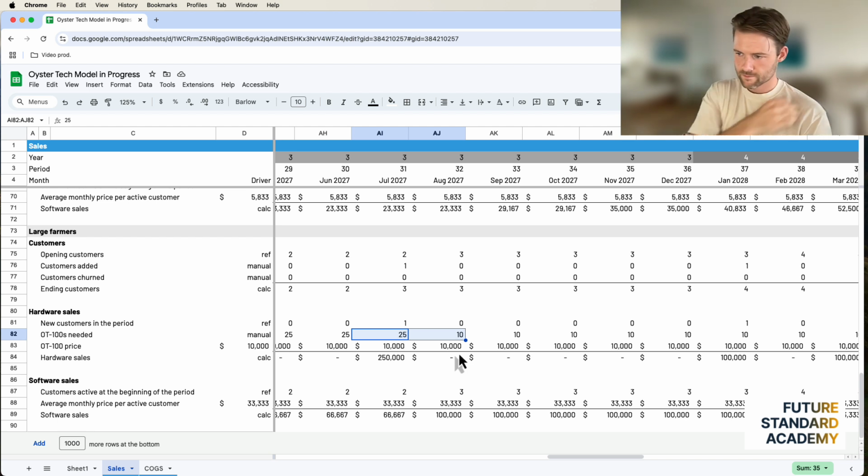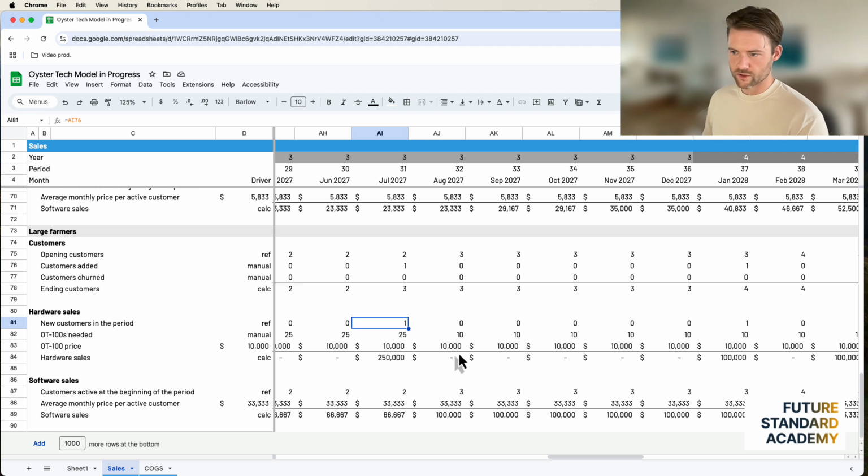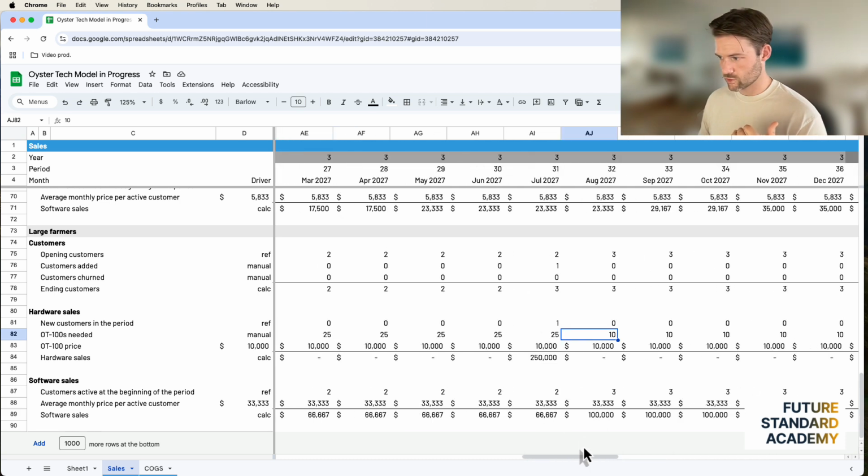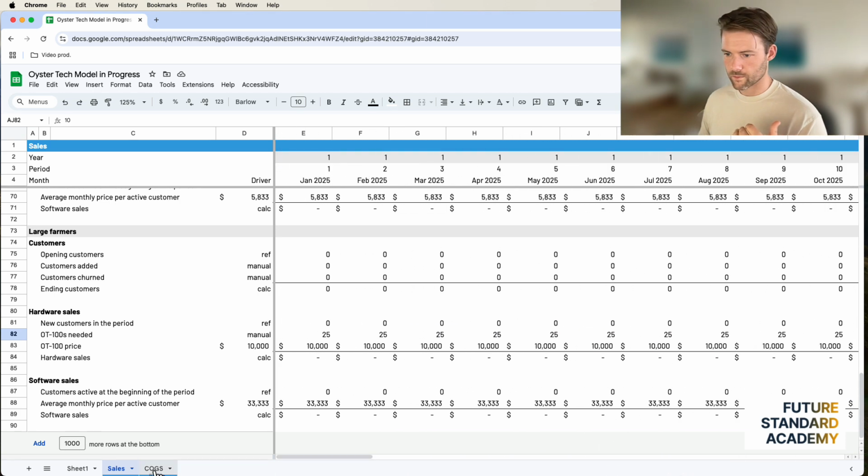So for individual large farmers, they don't need 25 for that same area anymore. They only need 10 buoys. And so that's why that decreases over time here. And then, yeah, that's good for now.